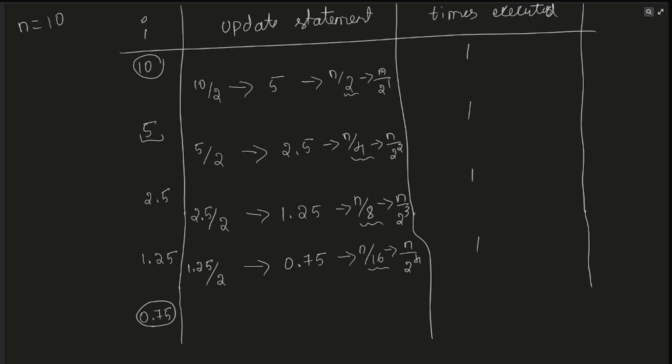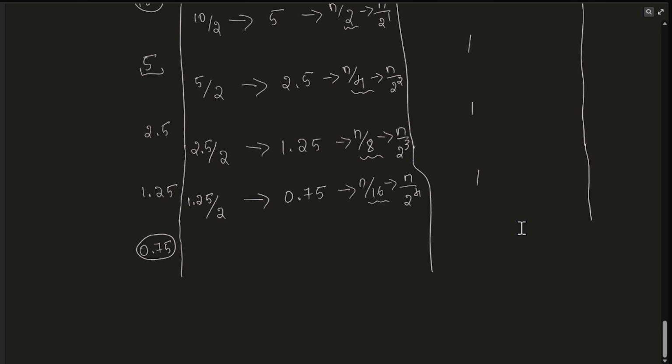Yes, all values hold good. After finding out the formula, until when does our for loop get executed? Our for loop gets executed until n by 2 to the power something. Isn't this correct? Yes. We can consider this something as k, so that we can find the value of k to find the time complexity.